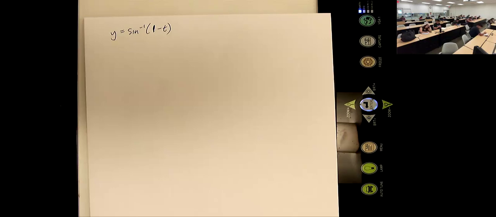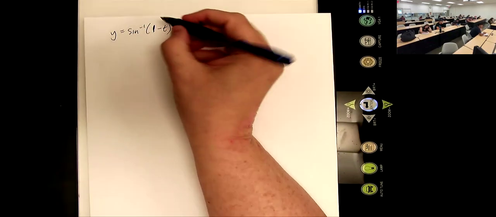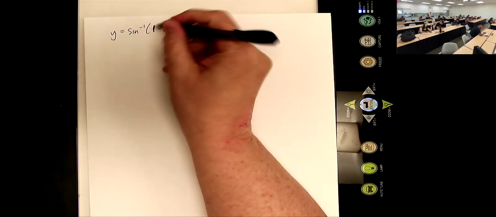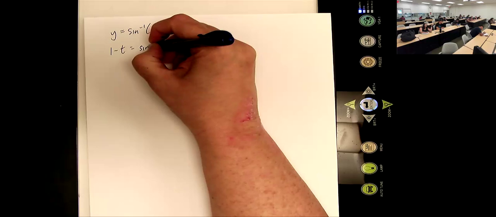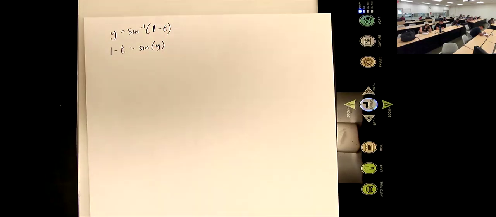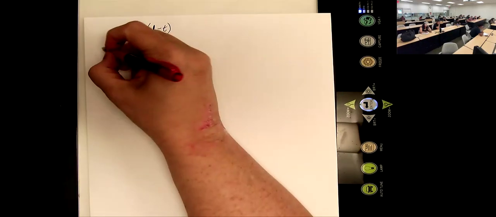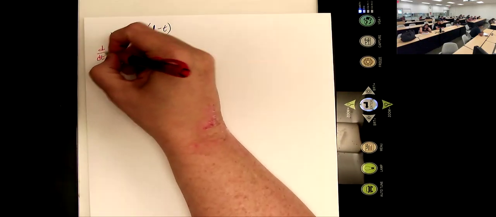I'll do the formula way in a second, but we're going to start with the triangle. So this is saying 1 - t equals sine of y. And we're looking at d/dt here, because t is our variable now.